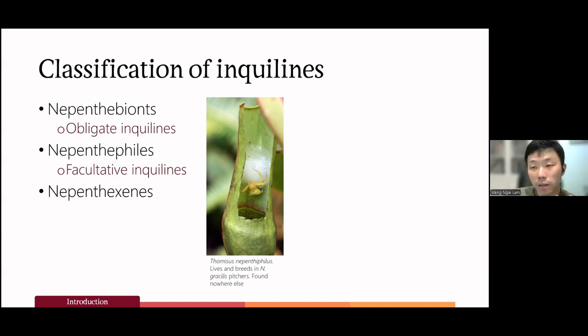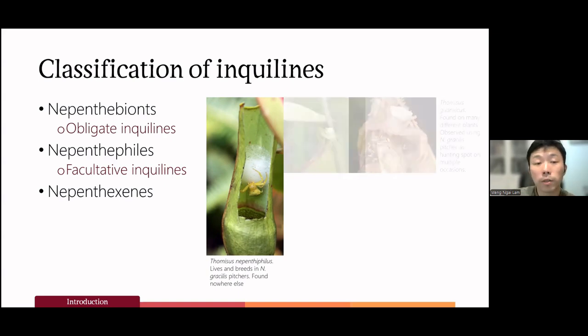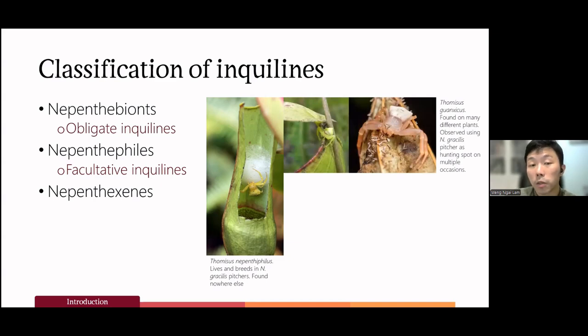Nepentaphiles are sort of facultative inquilines. In other words, they can occasionally use pitchers. In fact, some of them develop a bit of a liking for pitchers. An example here is Thomisus guangxiensis, another crab spider species, but this crab spider species is often found on other kinds of plants.